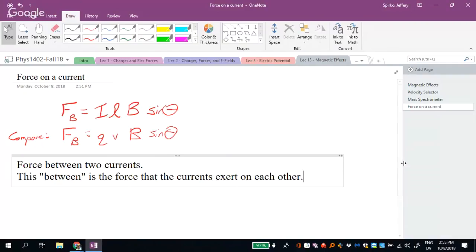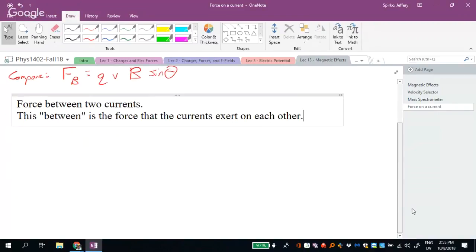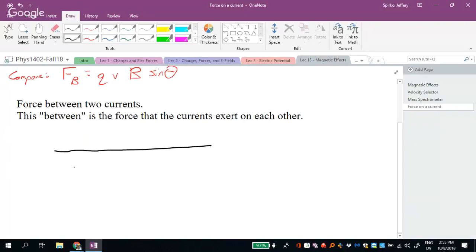So let's draw up a situation and calculate some amount of force. So we're going to have I1 equals 2.0 amperes.